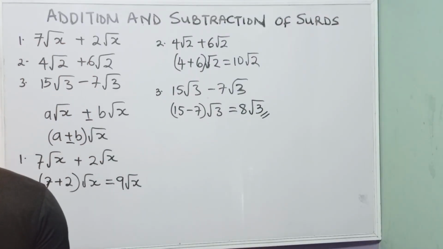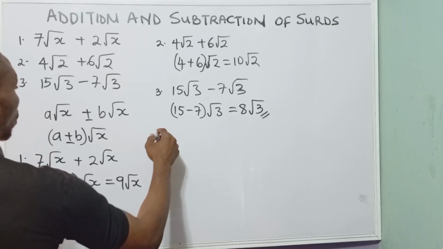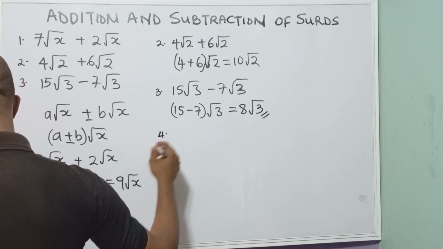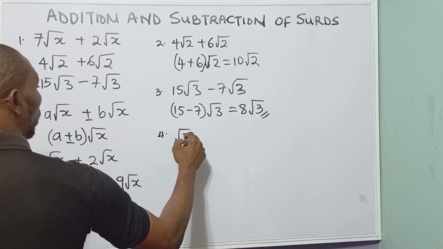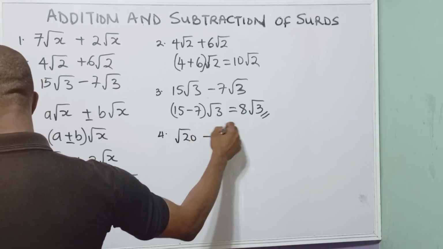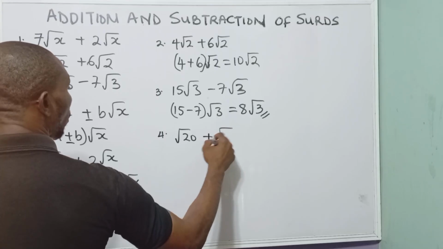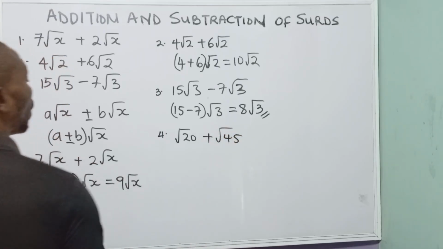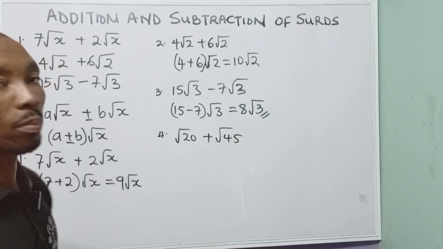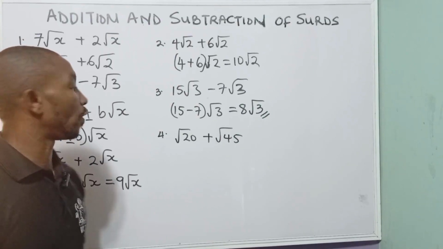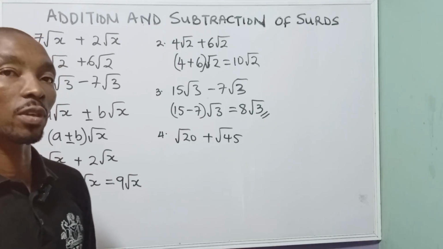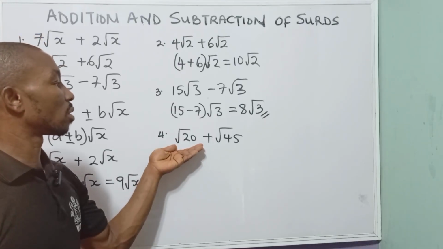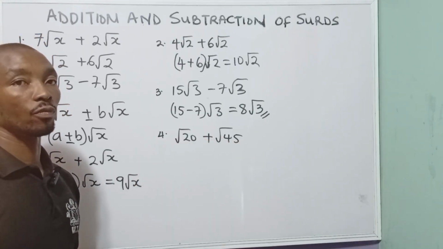Okay, now let's look at another example. We have root 20 plus root 45. In order to solve this, we would first of all break these numbers down.